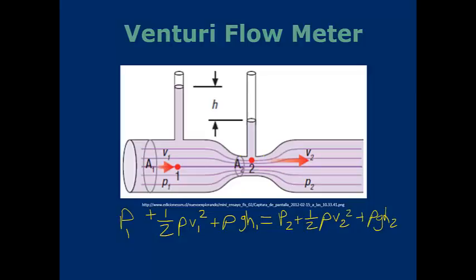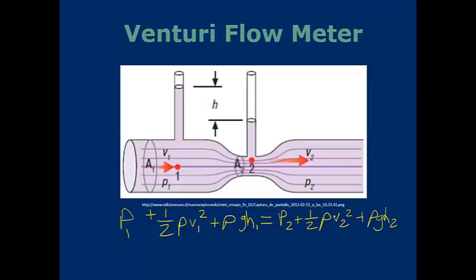Let's treat this area as area 2 and this area as area 1. Which would you expect to have a higher height? Well, it would be this one. And why, do you ask? As this gets smaller around area 2, right around here, there's a smaller area, which means that the velocity increases.